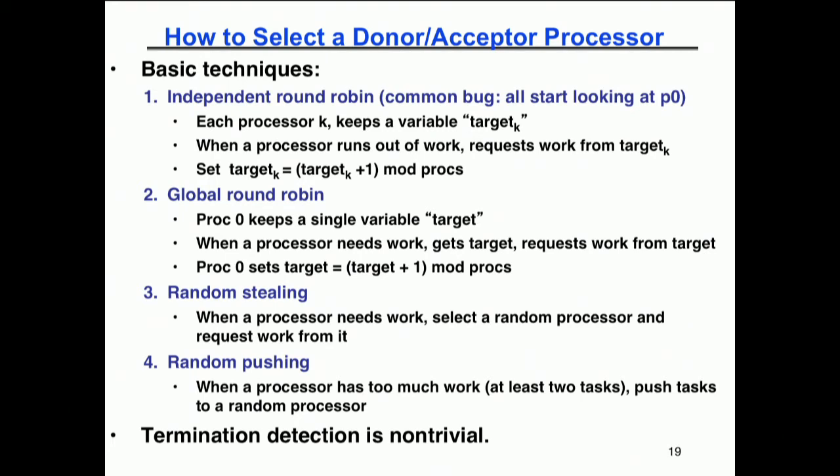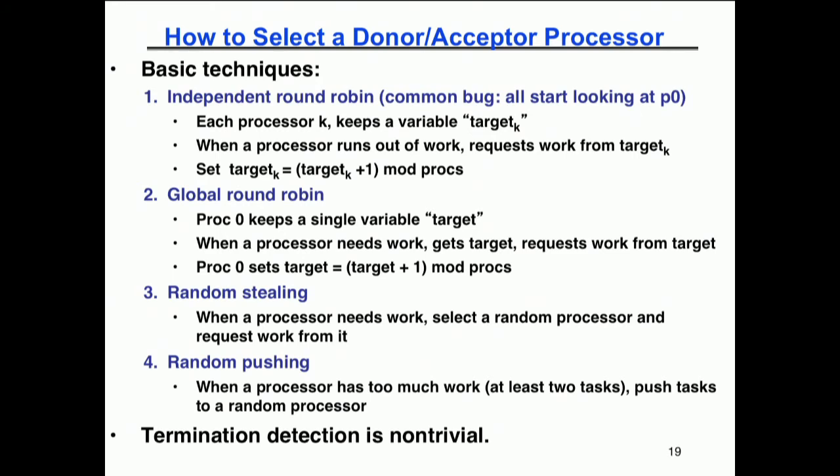So you're much more likely in the global case to find work than in the local one, because in the local one, you could have two processors that just run behind each other, and the second one can't find any work because the other one has already picked it up. Although presumably that first one goes off and is busy doing work, and so eventually the second one will pass it. But that's another strategy. This has the disadvantage that you've got this shared state, this global counter that you have to keep updated, and on a distributed memory system, that can be quite expensive, as you know.